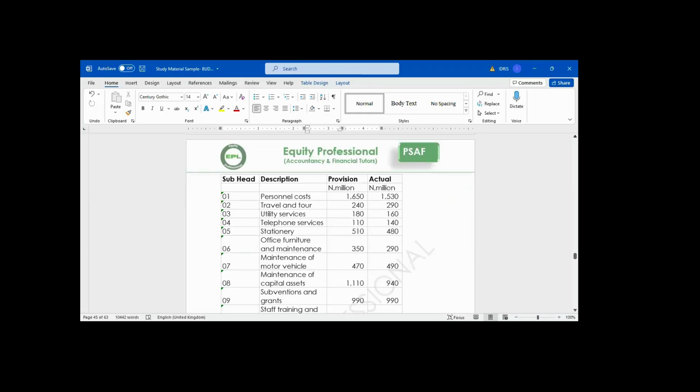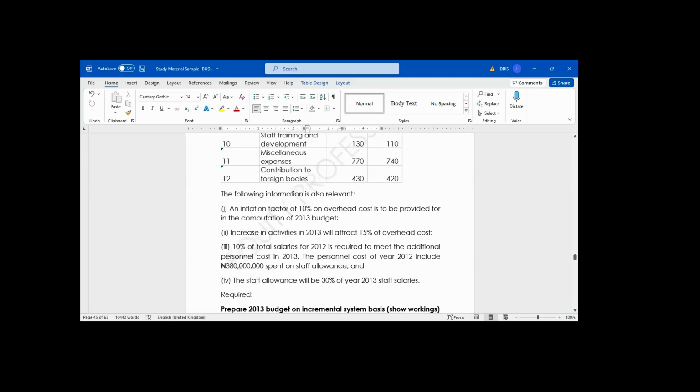We want to use this to prepare 2013 personnel costs. What is the note given to us in respect of personnel costs? We were told that 10% of total salary for 2012 is required to meet additional personnel costs in 2013.